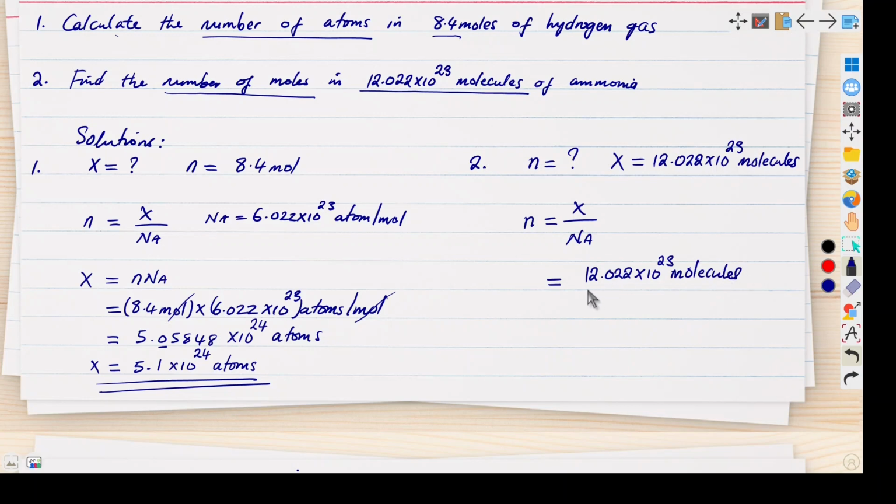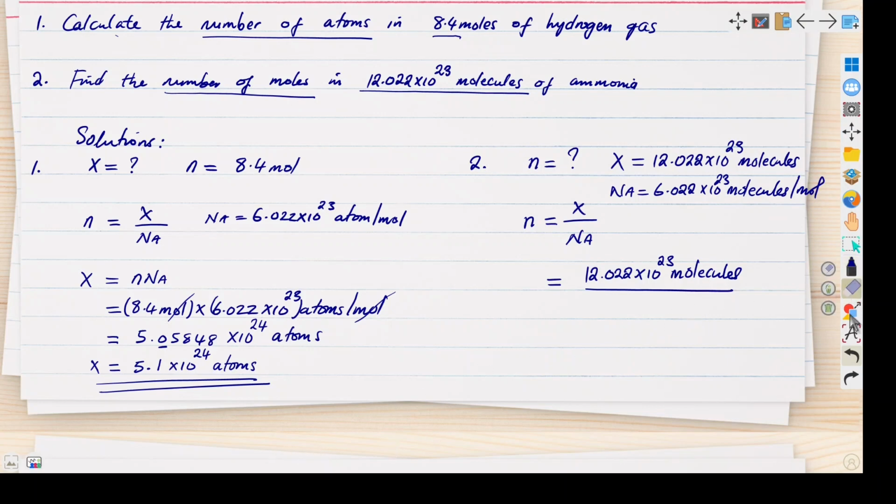Then we'll say over, where there's Avogadro's constant. Remember Avogadro's constant here is going to be 6.022 times 10 to the power 23 molecules per mole.